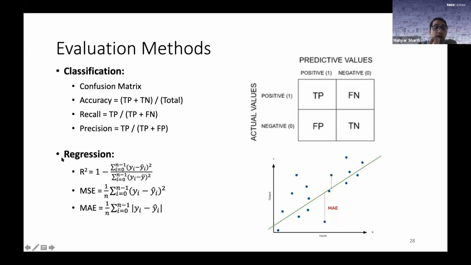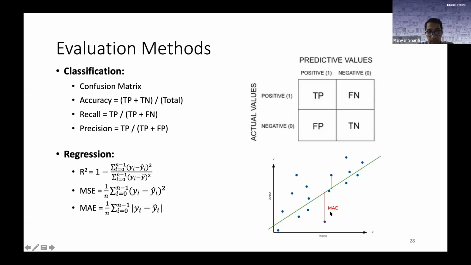But in the case of a regression problem, there are usually other metrics that you will have to use. The first one is the coefficient of determination, which is R squared. Mean squared error and mean absolute error are the next two metrics used in evaluating a regression problem.